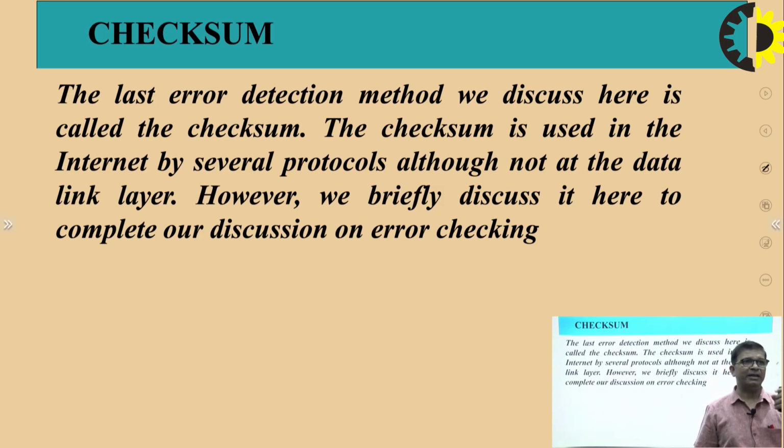Checksum is the detecting method where the simple data and the ones complement of data are added to the data, and the code word is the actual data along with all ones, 1 1 1 1 1 1, so that if you add this again, the final data becomes 0.